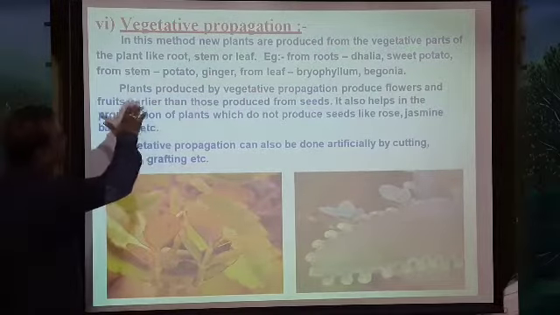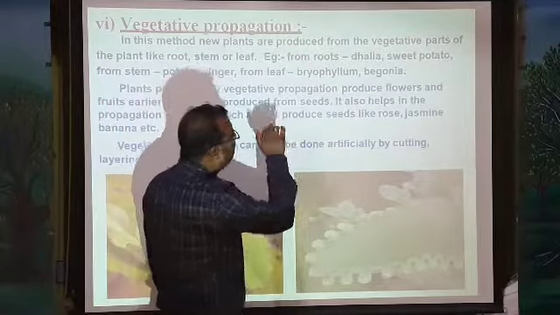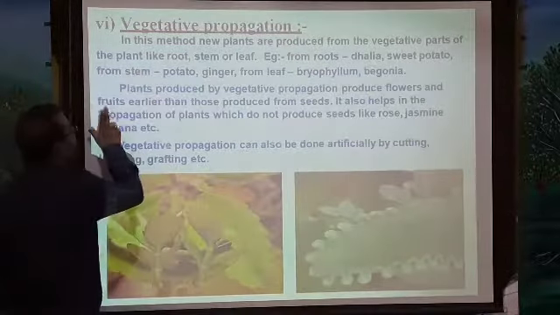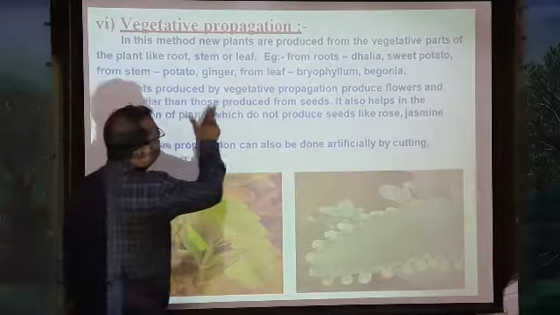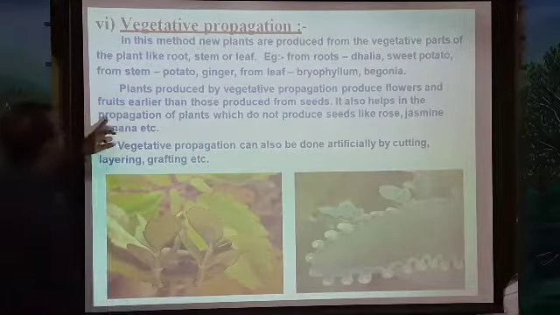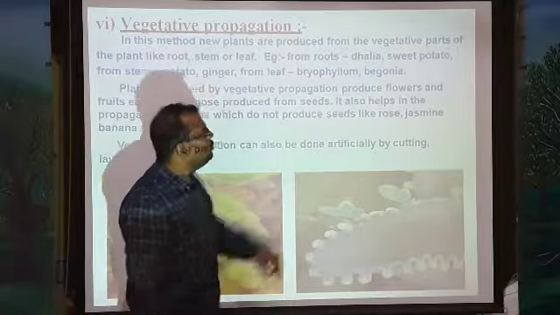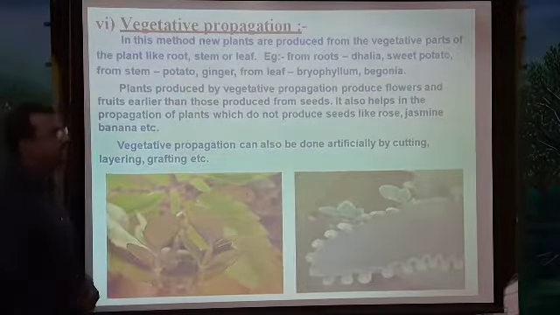Plants produced by vegetative propagation produce flowers and fruits earlier than those produced from seeds. It also helps in the propagation of plants which do not produce seeds, like rose, jasmine and banana.